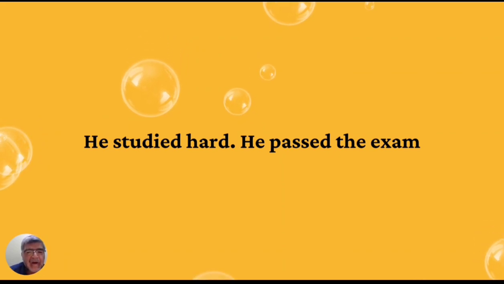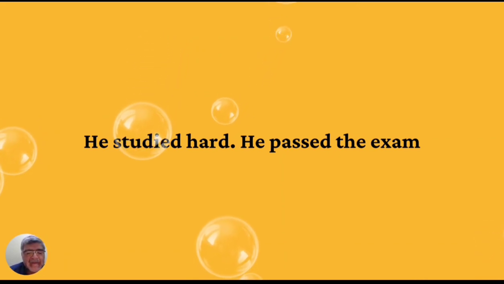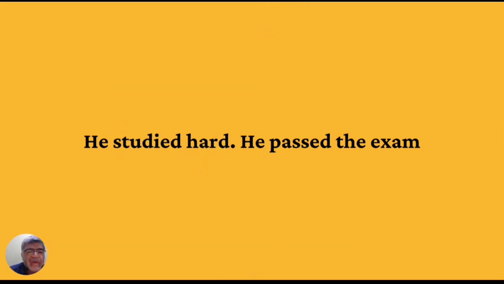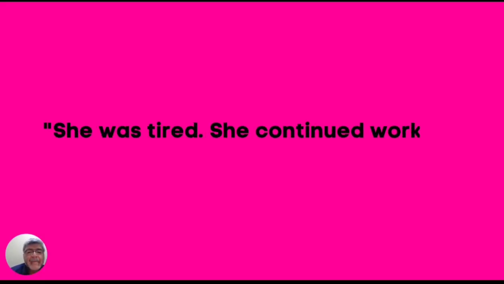Because he studied hard, he passed the exam. Any other words which have a meaning of because, or can be used for reason, for example, since can be replaced with because. Since he studied hard, he passed the exam.